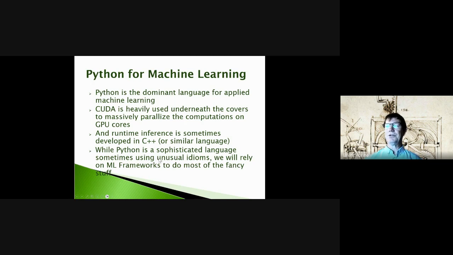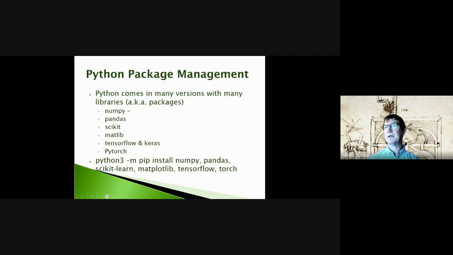It can have some unusual idioms in its programming, but we're going to rely on the machine learning frameworks to do most of that fancy stuff underneath the covers. We're going to be working at a very applied level, so we're not going to spend a lot of time looking at some of those weird things.